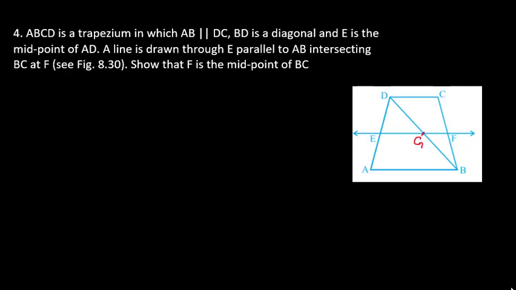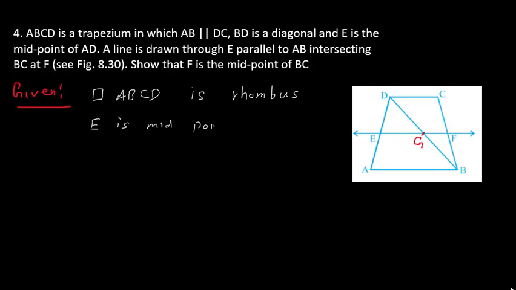Now first let us write the given. You have given that quadrilateral ABCD is a trapezium. Then you have given that E is the midpoint of AD.